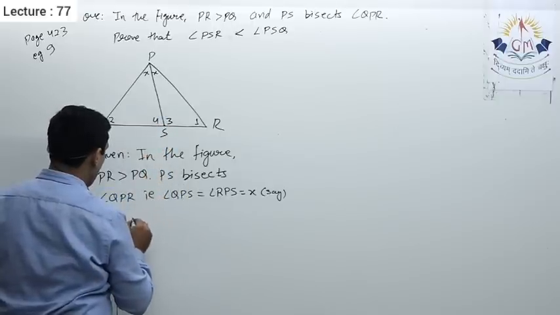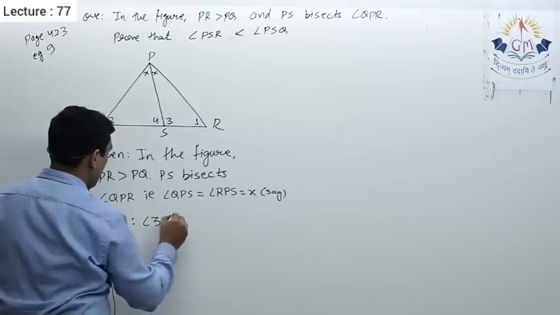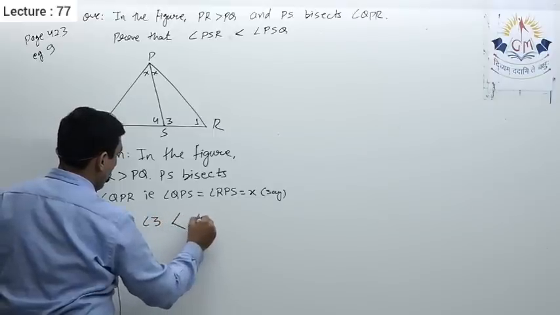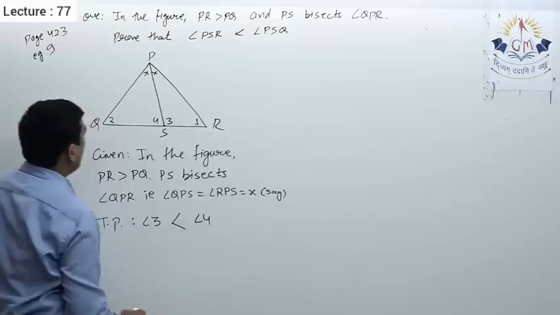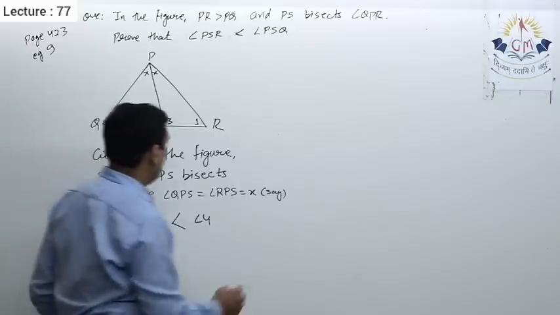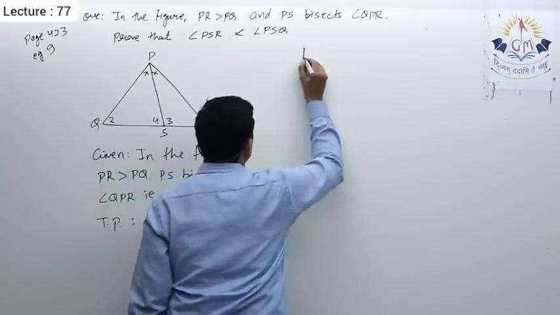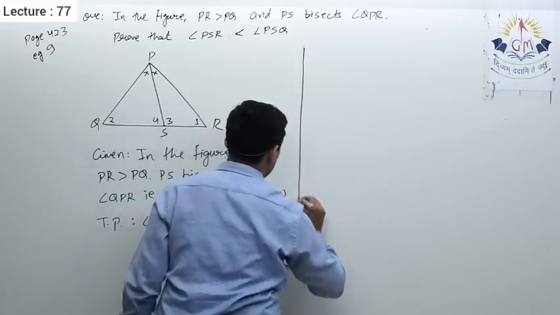So we have to prove angle 3 is less than angle 4. Okay, so let us see its solution, its proof.